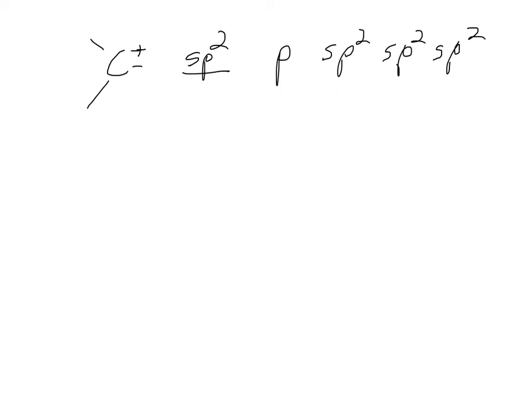So it can be drawn with a p orbital, which is actually empty, but with an sp2 orbital that has 2 electrons in it. And then back here, it would have its regular CC bonds, let's say, whatever these guys are, CH3s.